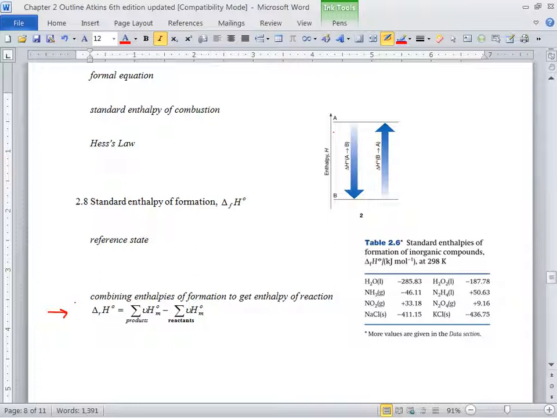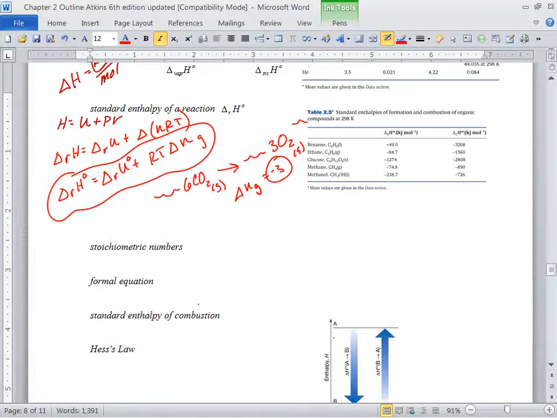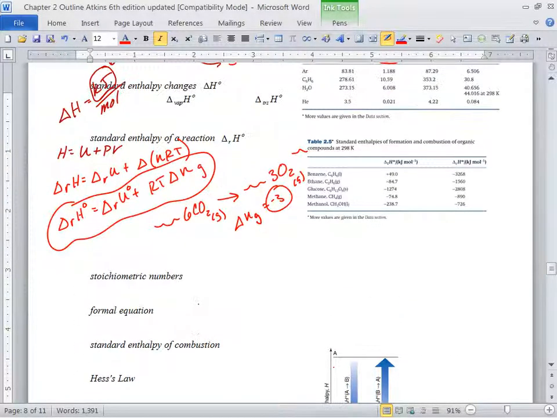Where are they, Kevin? They're the little V's there, or nus. They're these guys. So we'll be coming to that. I don't know why they introduced it so early, but okay.